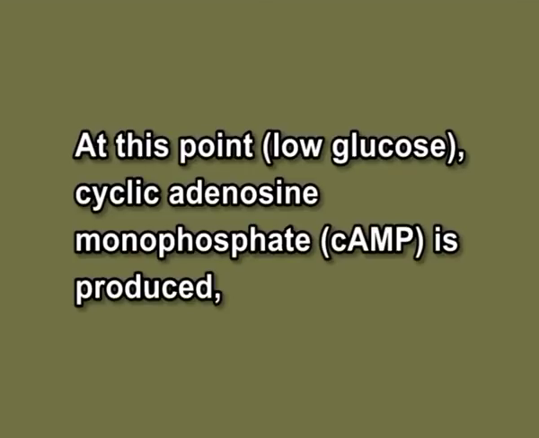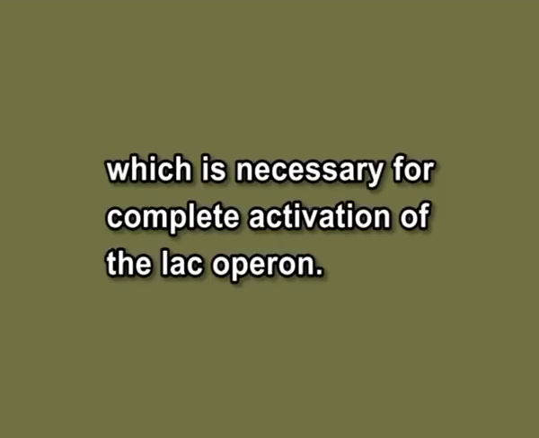If lactose and glucose are present, expression from the LAC promoter is not fully induced until all the glucose has been utilized. At this point, low glucose cyclic adenosine monophosphate, cAMP, is produced, which is necessary for complete activation of the LAC operon.